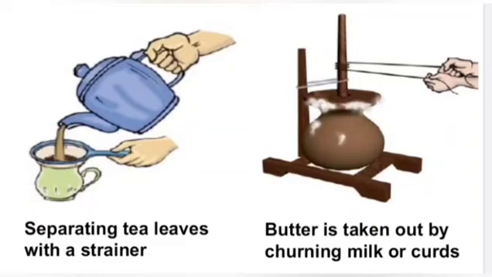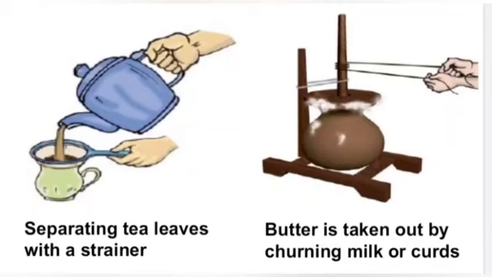So children, there are many instances when we notice a substance being separated from a mixture of materials. Like this first picture shows the tea leaves are separated from the liquid with a strainer while preparing tea.